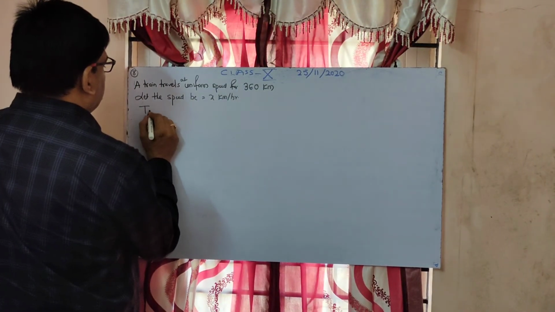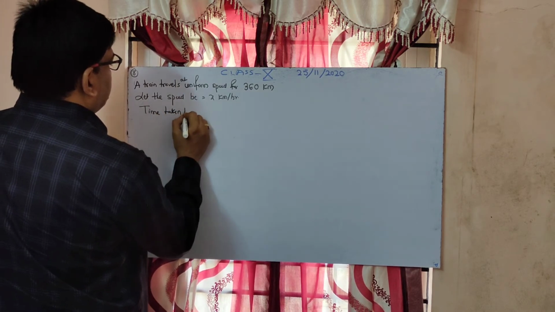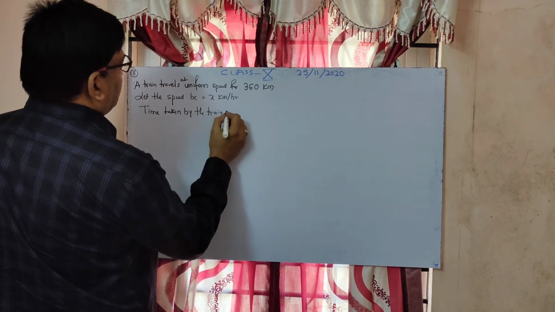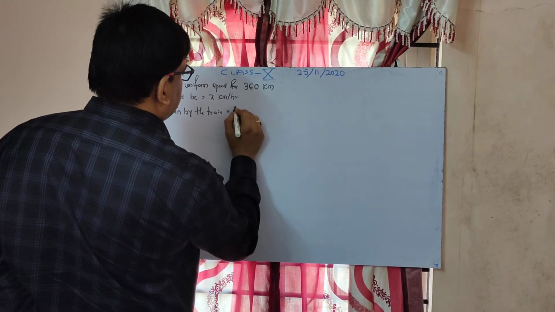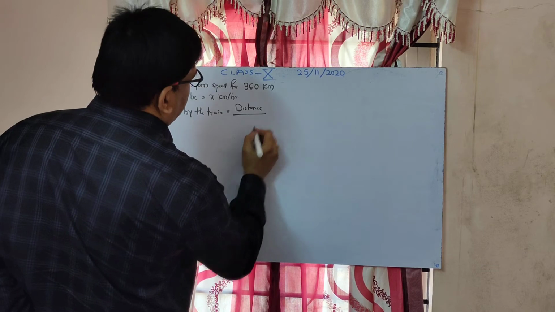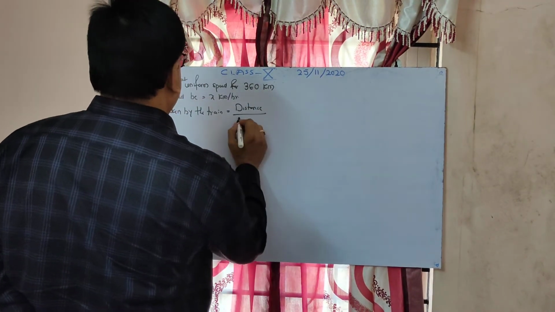Time taken by the train. What is the formula? Distance divided by speed.